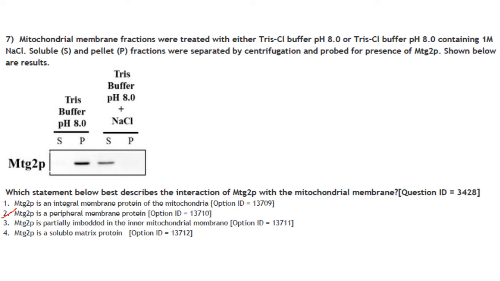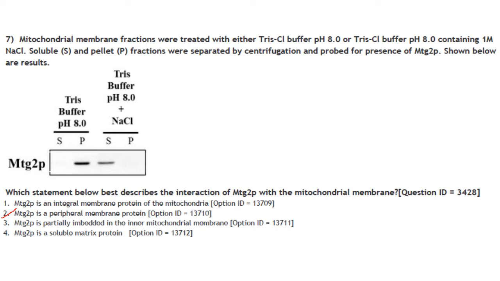Now, tris HCl with an effective pH range of 7 to 9 is capable of extracting soluble cytoplasmic proteins. Now, peripheral proteins are associated with the membrane by weak electrostatic bonds, and these are usually solubilized by extraction with a high concentration of salt solution that weakens the electrostatic bond holding the peripheral proteins to the membrane.